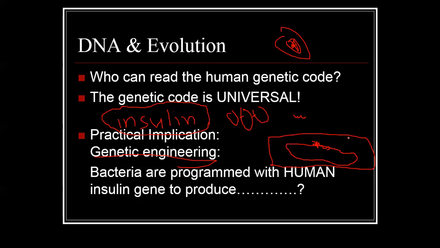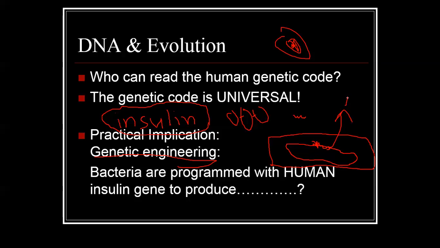Well, we have not shared a common ancestor with bacteria for 3 billion years, at least. Yet, what happens when we put the human gene for insulin into a bacteria cell? It can read this human genetic code, and it can decode it. And guess what it makes? That's absolutely right.